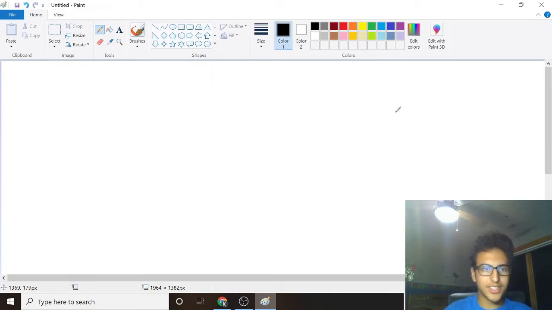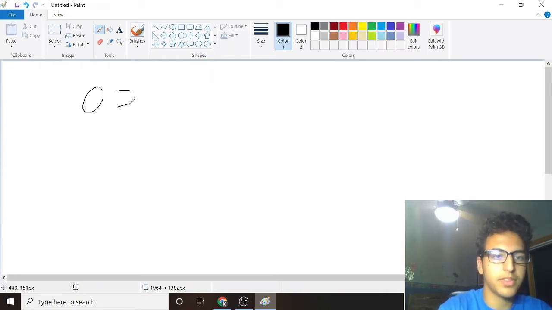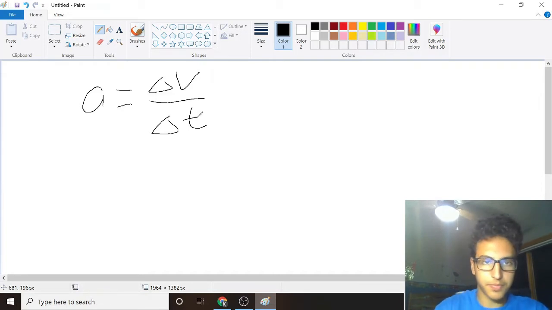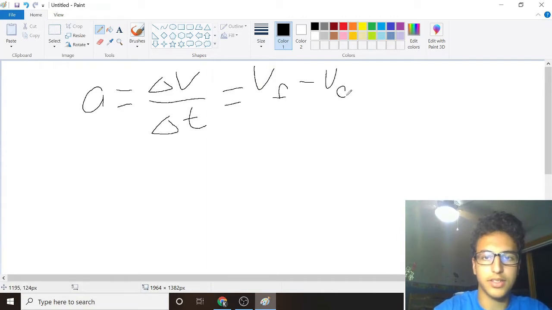Okay, so first, let's define acceleration. We all know that acceleration is equal to a change in velocity divided by a change in time. Okay? So this is final velocity minus initial velocity over final time minus initial time.